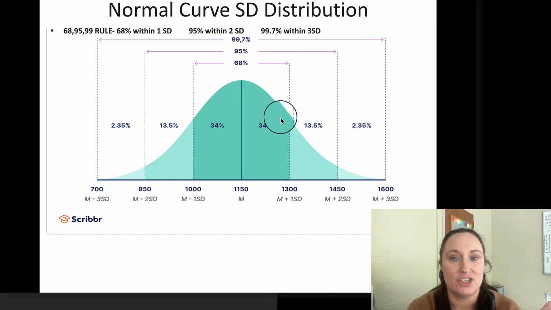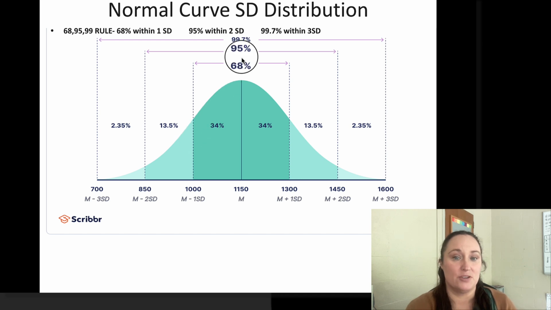What percentage of our data in a normal distribution is within one standard deviation? It's always the same answer. So it's a number you have to learn and remember. It's called the 68, 95, 99 rule. So 68% of the data falls within one standard deviation of the mean.